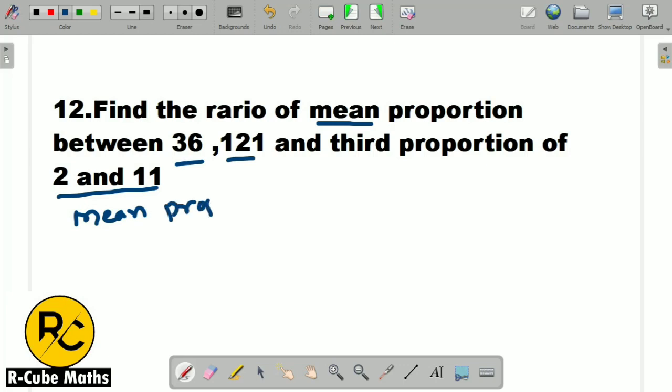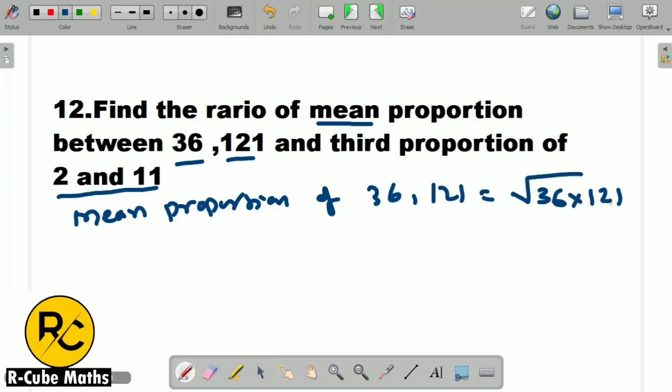The mean proportion of 36 and 121. The mean proportion of two numbers is the square root of the product of the two numbers, means square root of 36 and 121. Square root of 36 is 6, square root of 121 is 11. So we get the mean proportion is 66.